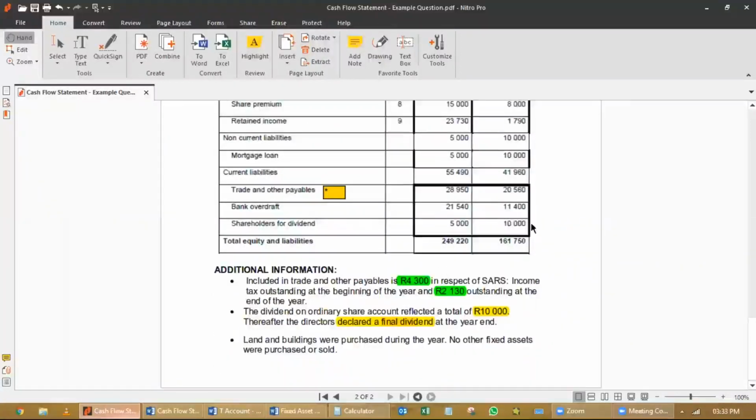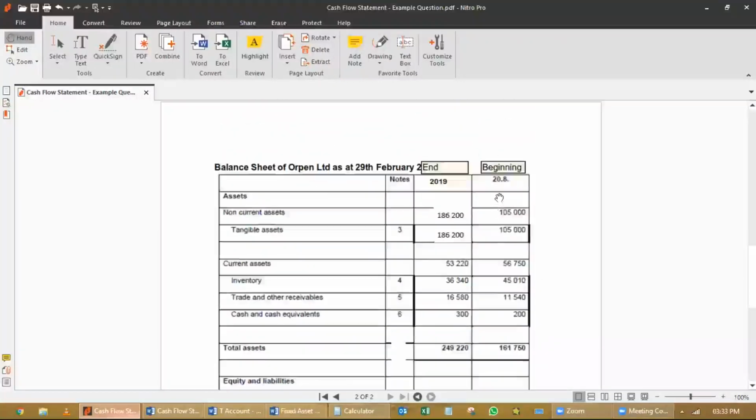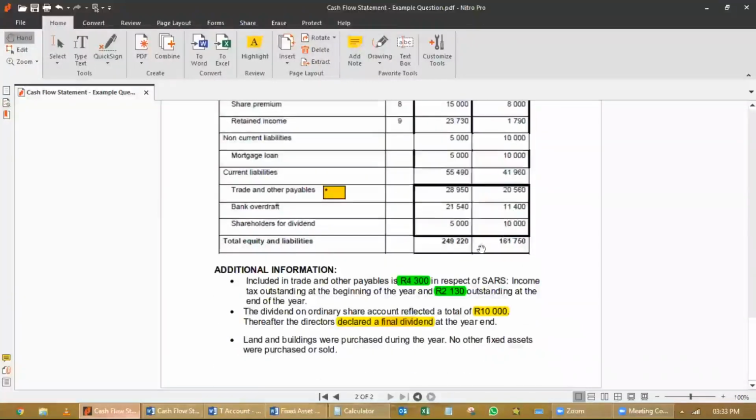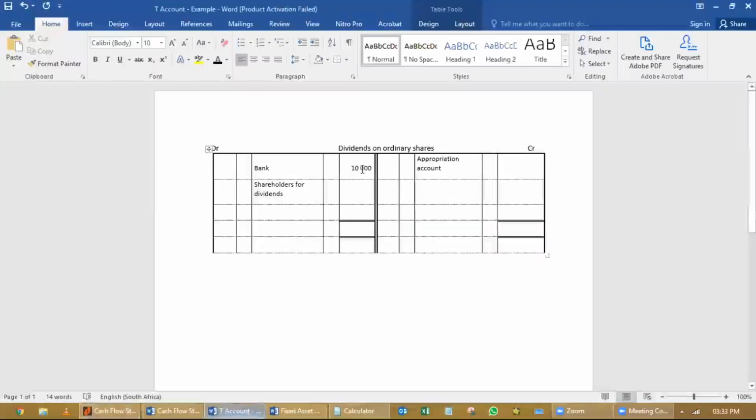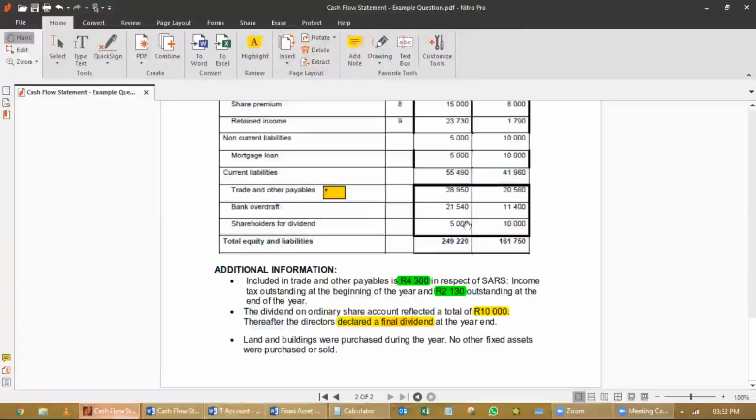Alright, you'll see here, I've paid them. So end of last year, I owed them 10,000 Rand. That's why when this year started, the beginning, I paid them that 10,000 Rand. Our TAccount shows that. Now, at the end of the year, I owe them 5,000 Rand, which means that's the final dividend that I declared.